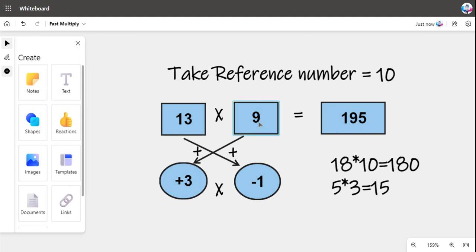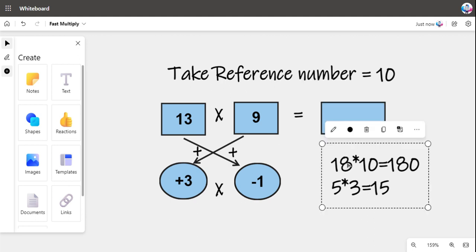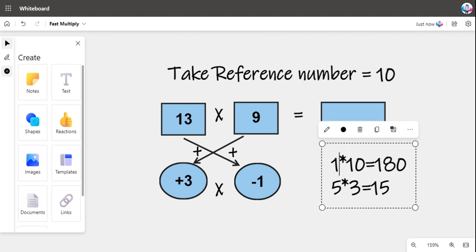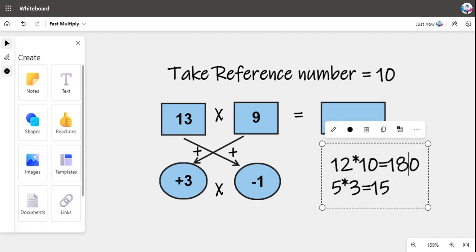Now 9 plus 3 equals 12, or 13 minus 1 equals 12. We multiply that 12 with our reference number 10, so the output is 120. And what we need to do here is 3 into minus 1.